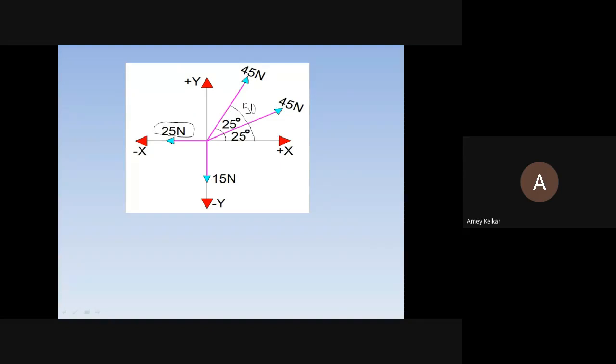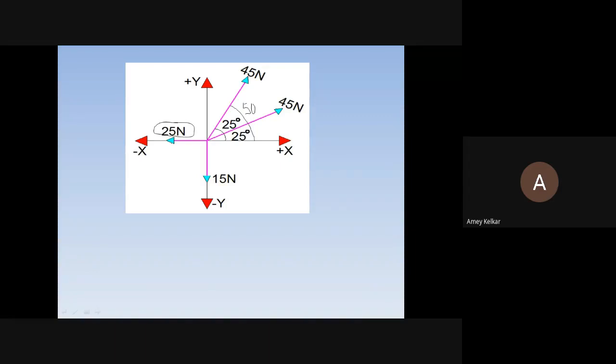You see with which axis it is acting, and directly put it in that equation with the sign. If it is moving towards negative, minus; if towards positive, plus. That's it, nothing else. So in the x equation, minus 25 will come, nothing else. And that 25 will not be present in the Fy equation.